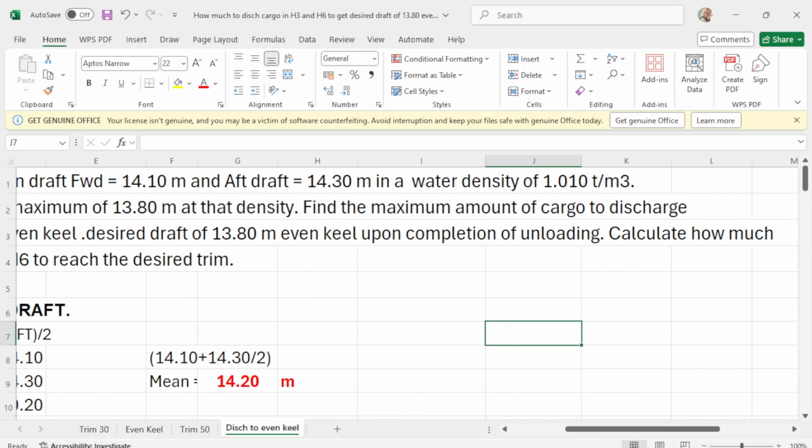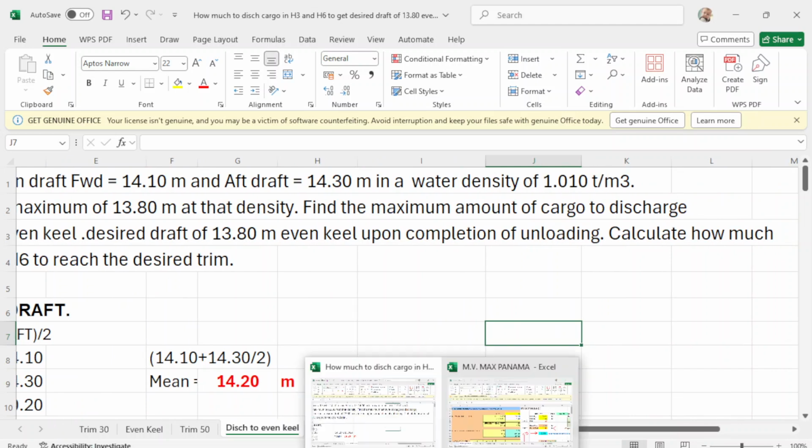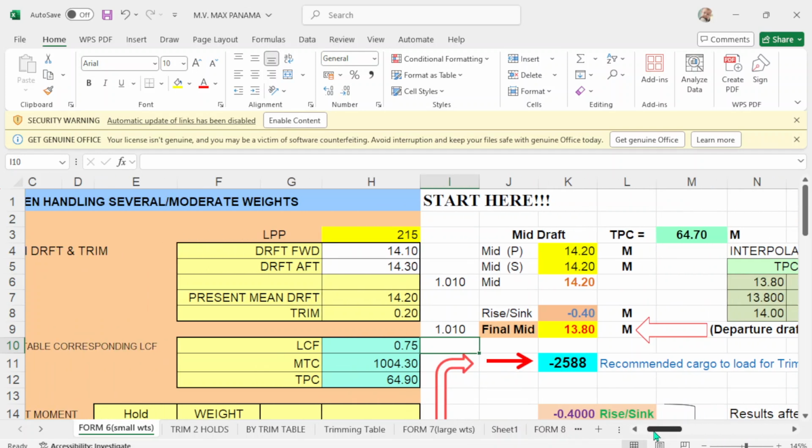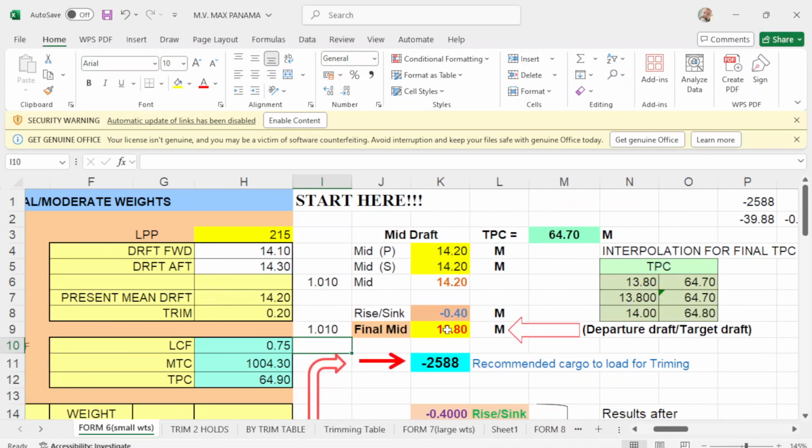So you put your density upon arrival as 1.010, and you're going to discharge in hold number 3 and 6. Upon completion, your density is still 1.010, until completion.